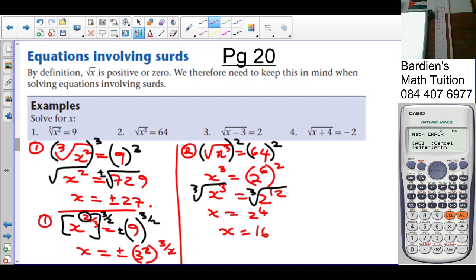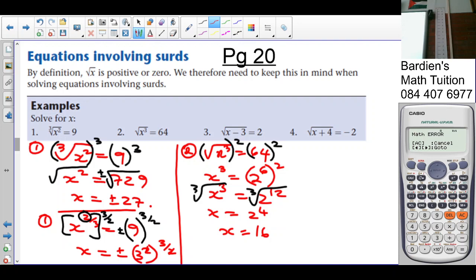Do you guys get that one right? Any issues regarding this one here? Yes? What if you didn't write 2 to the 6 and 2 to the 12, and this is the actual number? So you got 64 squared without using a calculator. No, you don't really have to.